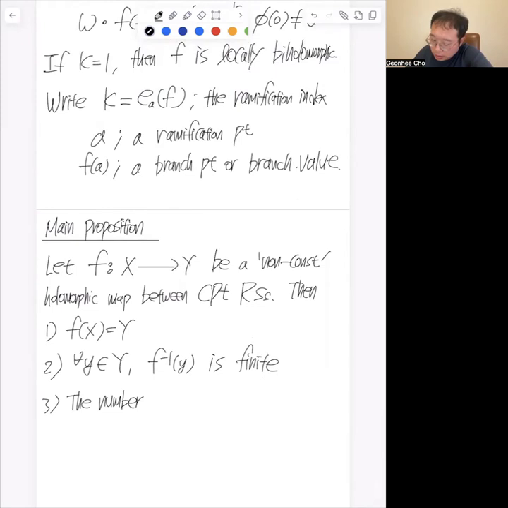So the number of ramification points on X must be finite. Let us say S inside Y is the set of branch values.